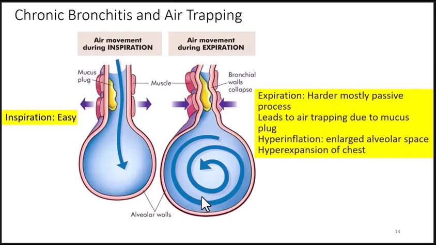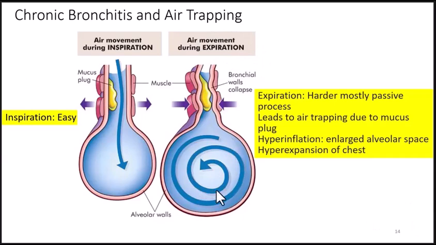During expiration, there's this reduction in normal elastic recoil of the bronchial walls, and it leads to this collapsing that you can see of the bronchial walls, or collapsing of the airways, and that's going to prevent normal outflow of air through expiration.